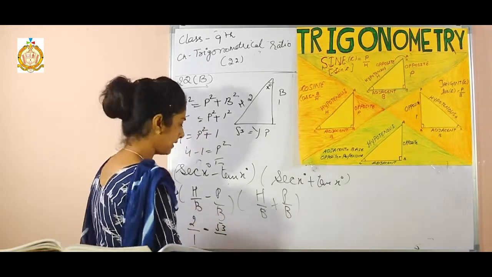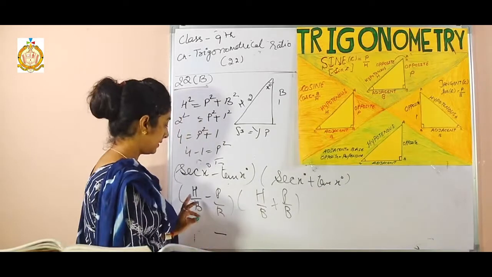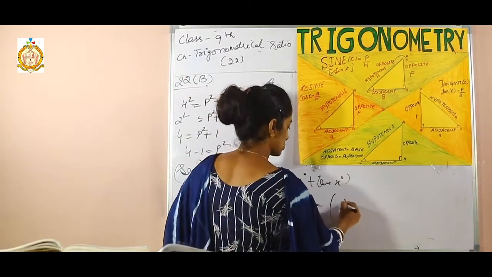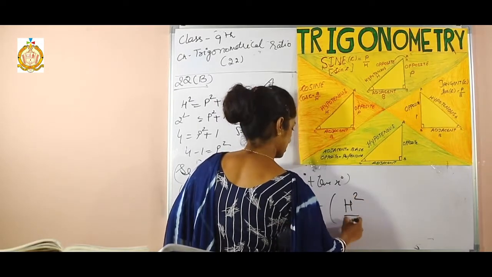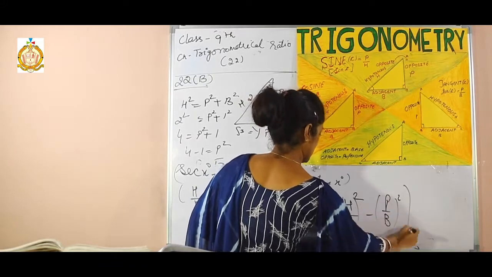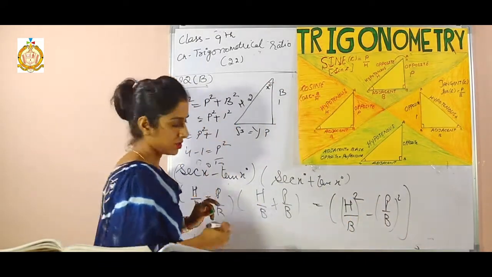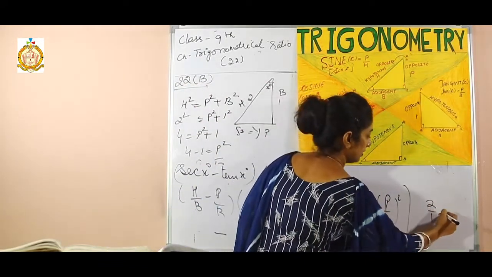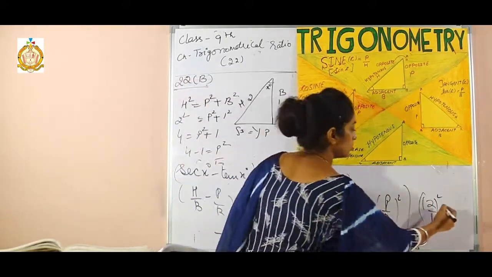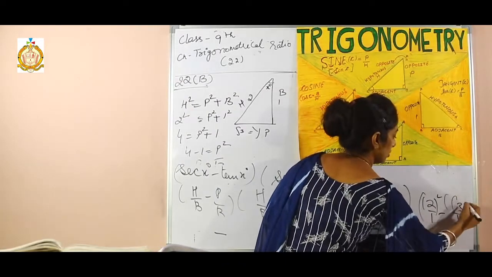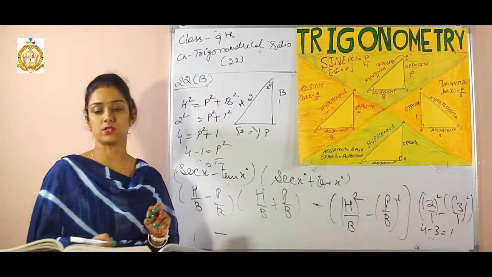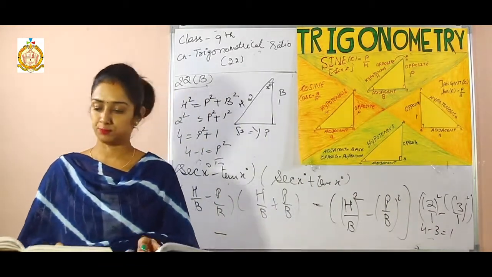Or you can say one thing more, you learn it, that is a minus b and a plus b, which is equal to a square minus b square. Now h is 2 over 1 square minus under root 3 over 1 whole square, which is 4 minus 3, which is 1 is your answer, right?